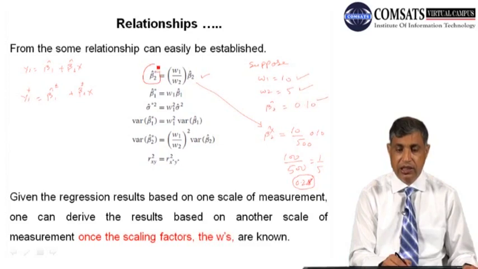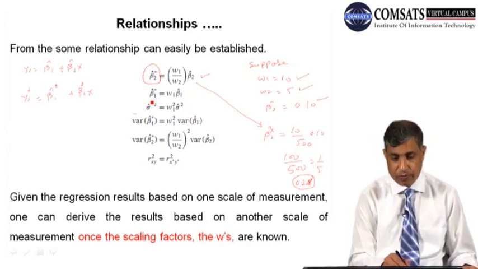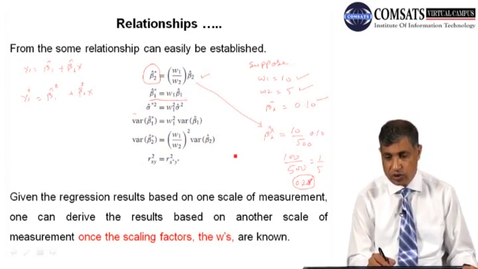Here is an even simpler relationship. For example, suppose that beta 1 hat is equal to 10.